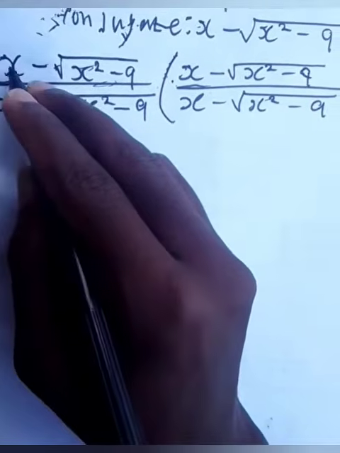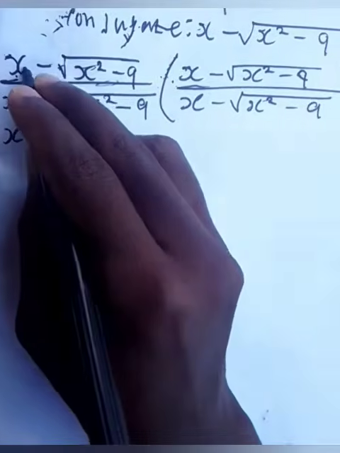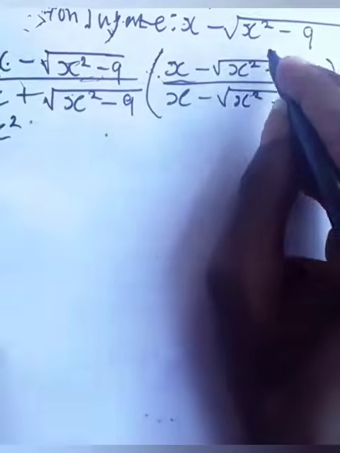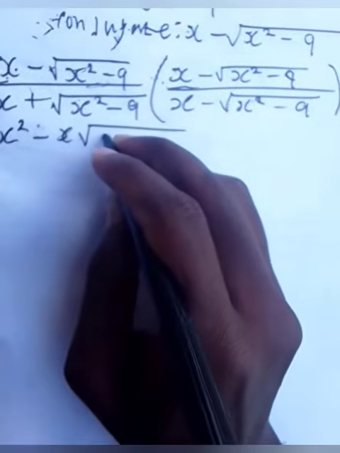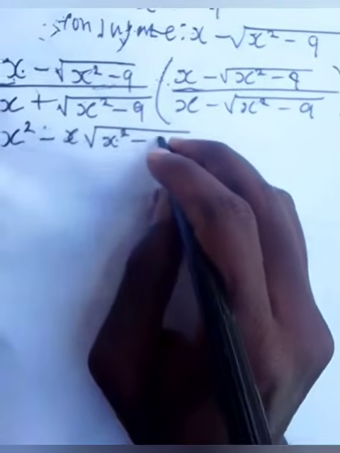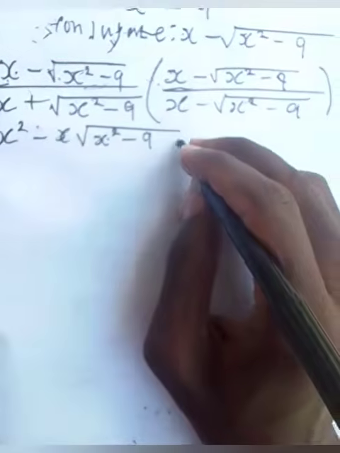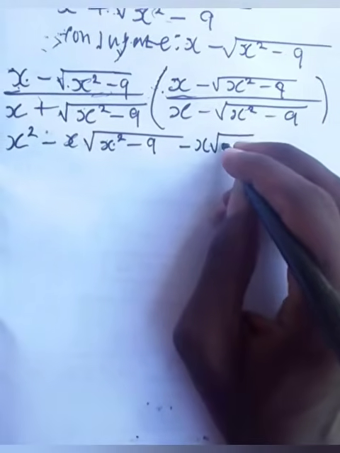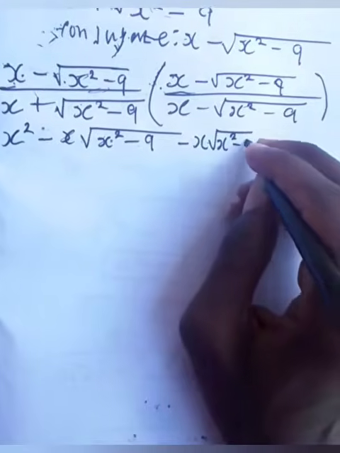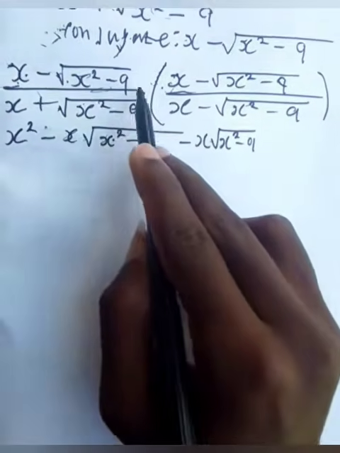Make sure that there's no square root remaining here, but I'll start with the numerator anyway. So x times x is x power 2, right? x times this thing here is going to be negative x square root of x power 2 minus 9, right? Then this times this is going to be negative x square root of x power 2 minus 9, right? And then this times this.